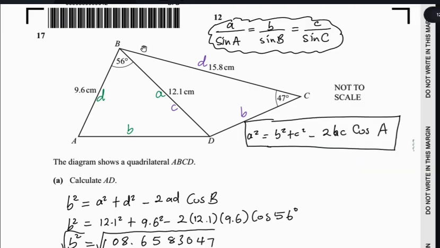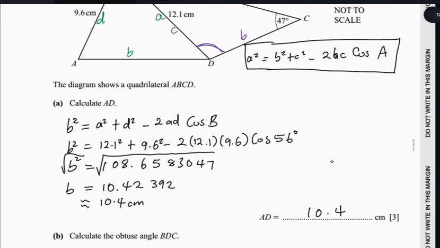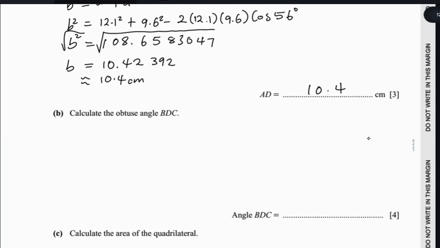B starts from here, D, C, that's one. This is the angle that we're looking for. Now let's look at the number of marks. That's 4 marks, BDC. And the question said obtuse, so we need to be extra careful there.